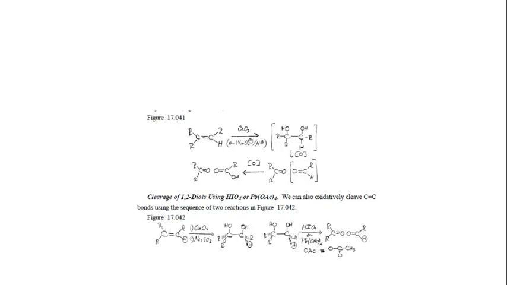The only difference is that instead of the MnO4 or the osmium tetroxide, you can put the iodate like the IO4. So there will be 4 oxygens around the iodine, and the rest of the mechanism is exactly the same as that of the osmium tetroxide.